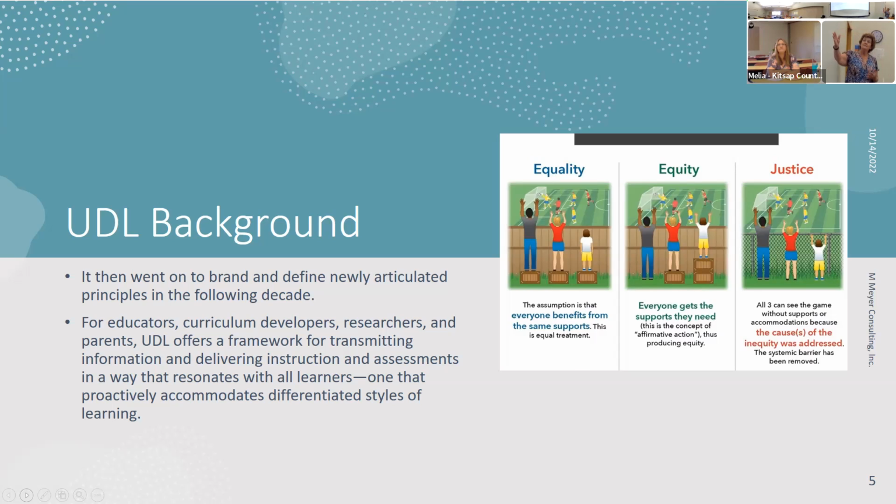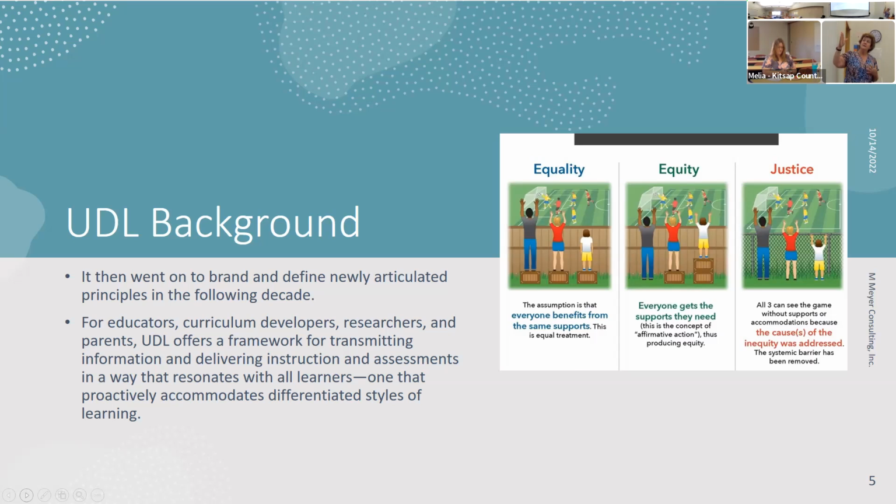So equality is the assumption that everyone benefits from the same support, that we all have equal access to an environment. The first picture, does that look like equality? No. The second picture, everyone gets the supports they need. This is a concept of affirmative action, thus producing equity.